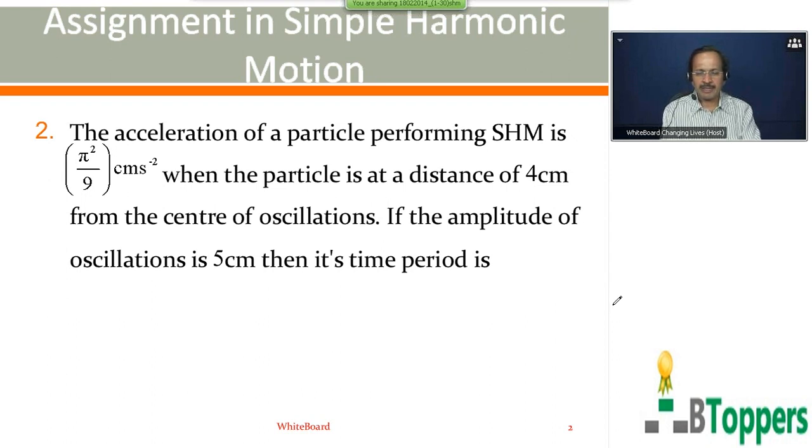The acceleration of a particle performing SHM is pi square by 9 centimeter per second square. The particle is at a distance of 4 centimeter from center of oscillations. If the amplitude of oscillations is pi centimeter, then its time period is. Come on, take a pause and try the question. I have shown the 4 options on the screen.